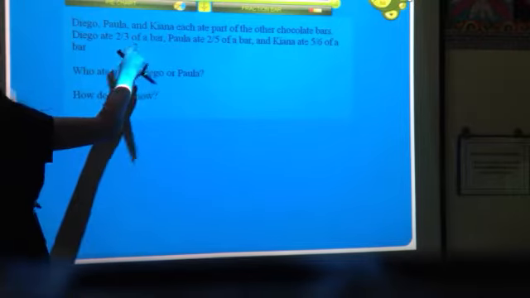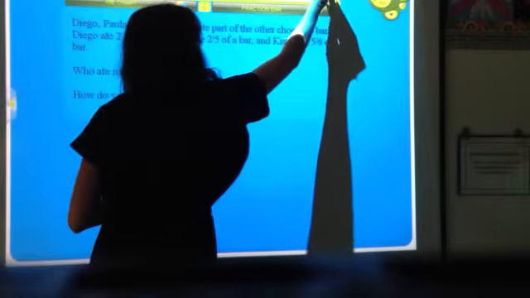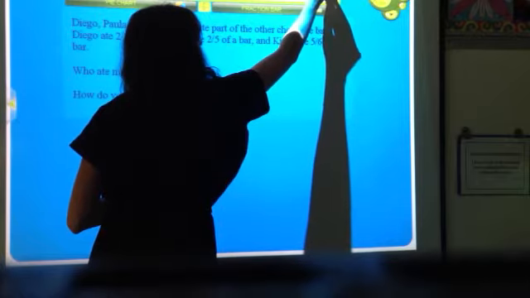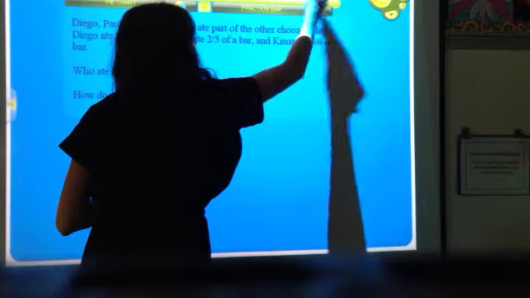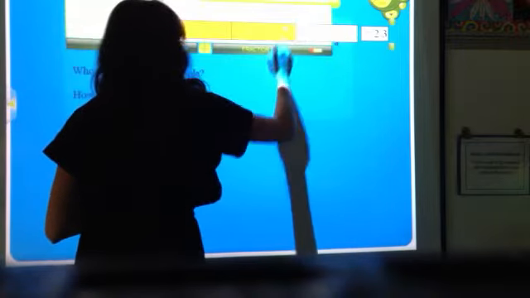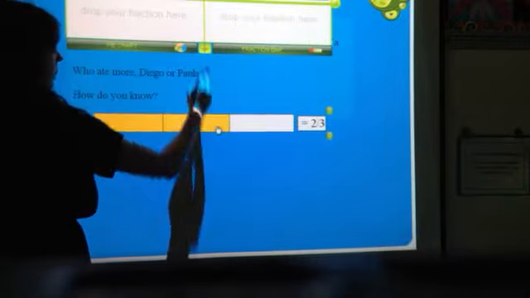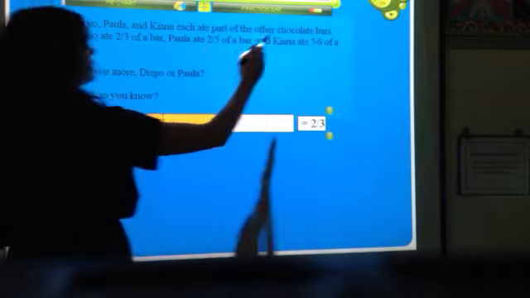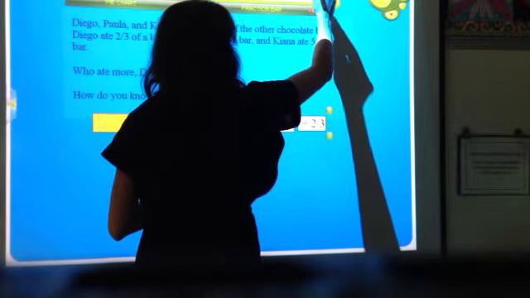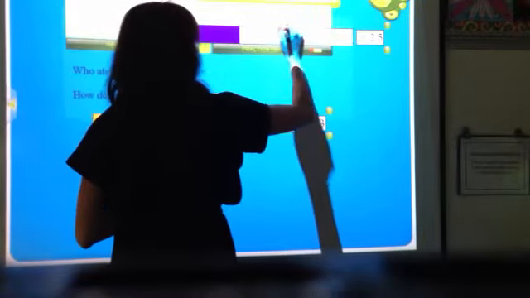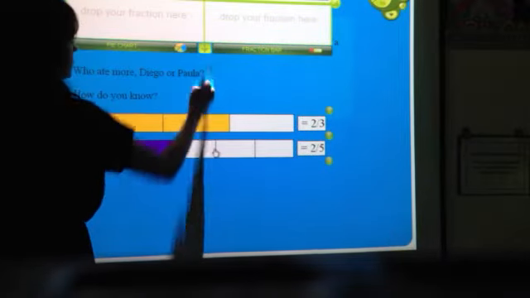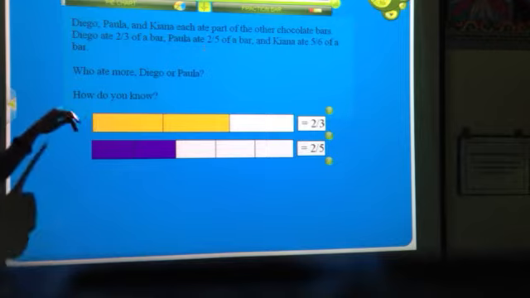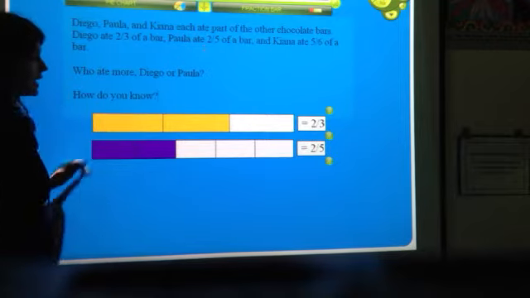So Diego ate 2/3. So there's Diego's bar. And Paula ate 2/5. And there's Paula's bar. And when I compare them, I know that Diego ate more because 2/3 is more than 2/5.